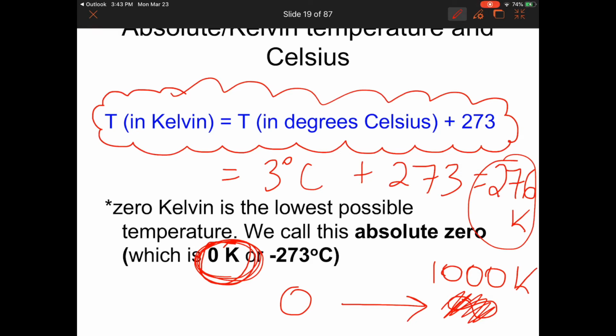You can just have less heat. Cold is a feeling, but it's not really a physical quantity. So the Kelvin scale is a good way to demonstrate that. You can just have lots of heat, you can have sort of a medium amount of heat, or you could have no heat. But at the end of the day, you can't really go lower than no heat. That just doesn't make any sense.